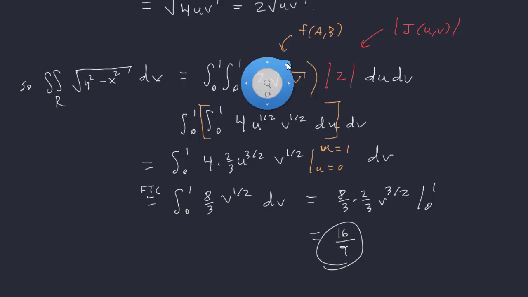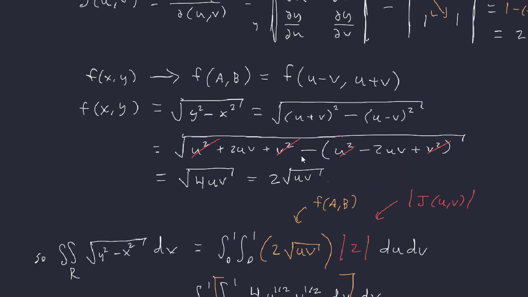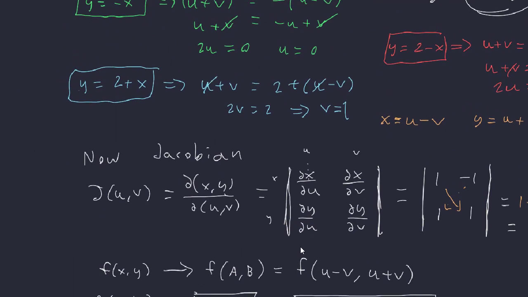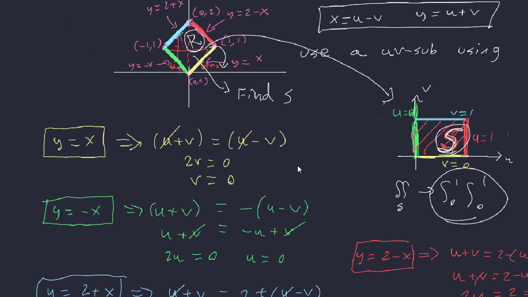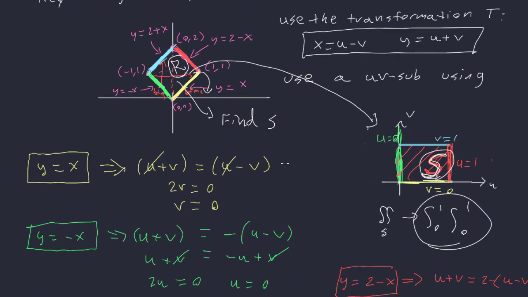All right, so that one was probably a lot of going on there, and there is. We have to transfer the R to S, we have to find the Jacobian, we have to transfer f of x, y into some function of u and v.